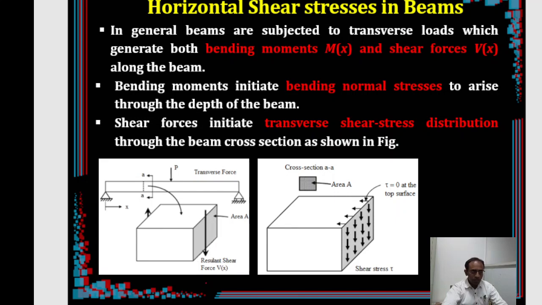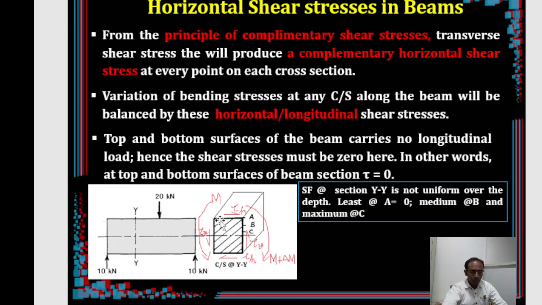So when there is a shear stress developed, let's take a small beam. We have applied some concentrated load somewhere at the center, and let's say the shear force is 10 kilonewton, and you take a particular section YY.